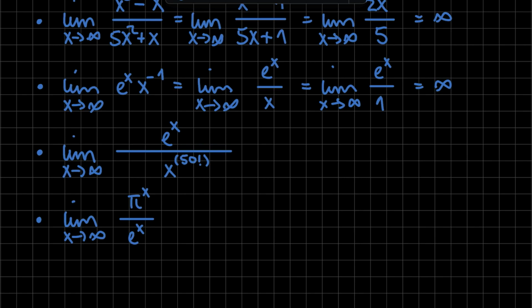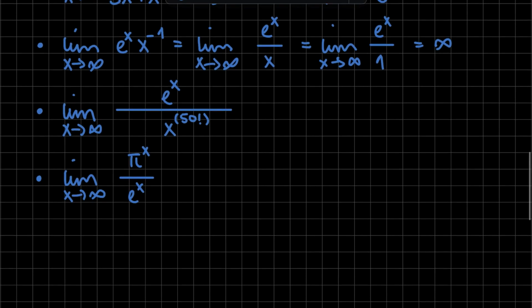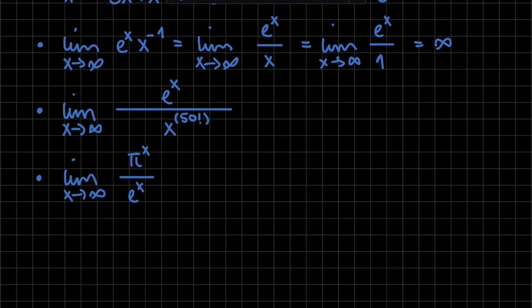It doesn't depend on x. So obviously, we have infinity over infinity, right? So we can apply L'Hopital's rule. Now let's imagine applying L'Hopital's rule multiple times. No matter how many times we apply it, we're always going to have e to the x on the numerator.